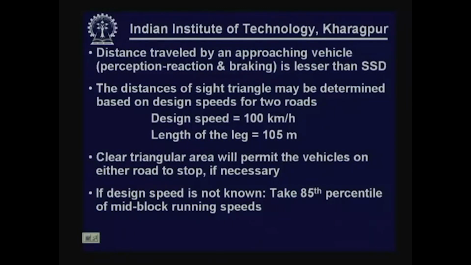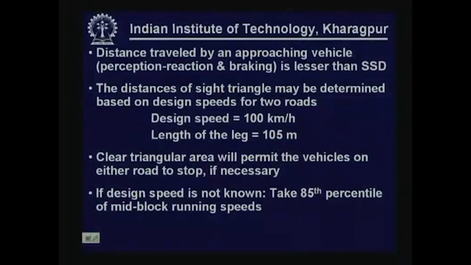But for us it is important to understand the basis for these design values, which I have explained. Now, a clear triangular area will permit the vehicles on either road to stop if necessary. So, this should be provided on each approach when the intersection is uncontrolled, or intersection with no control.